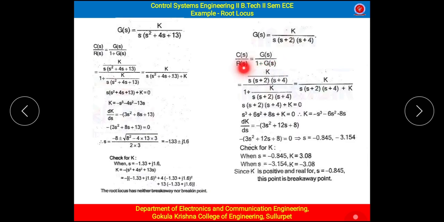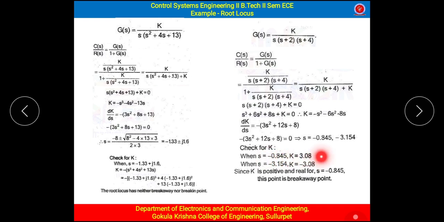First we write the gain, then we take the characteristic equation, write the expression for k, differentiate with respect to s and make it equal to 0, and calculate s.